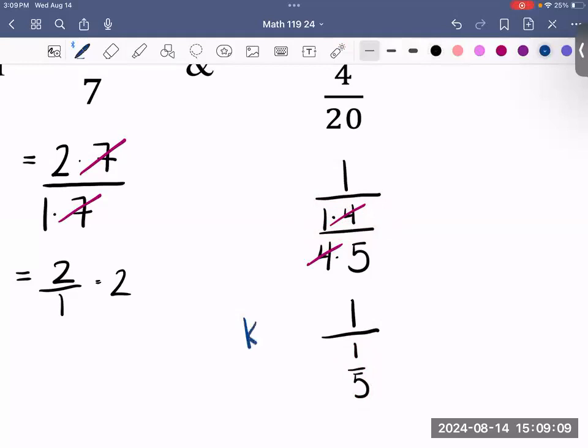Well, it comes with an acronym of KCF. It stands for keep. Keep your sign the exact same. So if it's already positive, it stays positive. If it's negative, it stays negative. So you're going to keep the sign. You're going to change the operation.